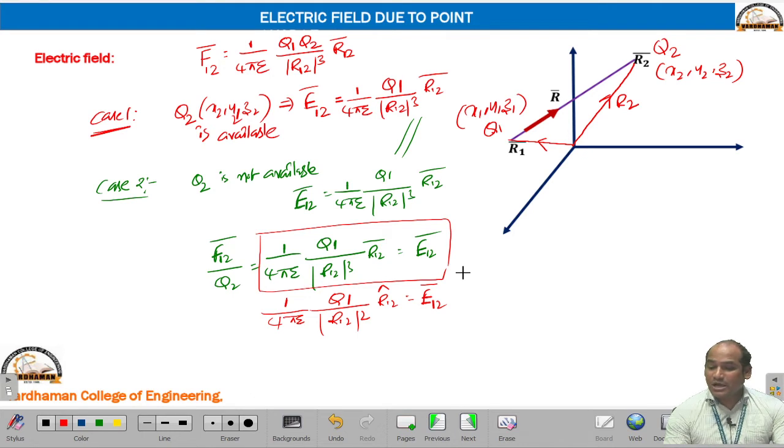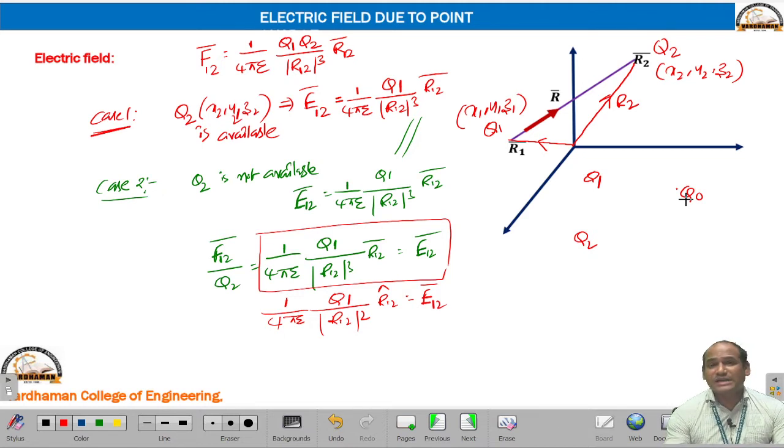That means you can take another charge, for example q1, q2, and here q0 is there. On q0 we can get the electric field due to q1, and the electric field due to q2. Instead of saying on q0, we can say at the position of q0 we get the electric fields due to q1 and q2, because q0 is not available in the equation of the electric field.